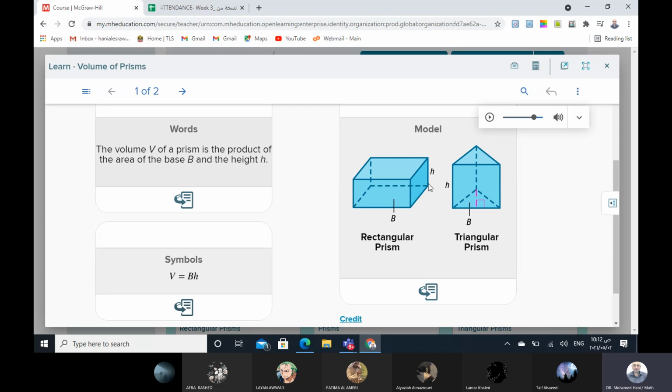We have width and length. Width times length gives the area of the base, the symbol of the area of the base is B. Multiply by the third dimension, the height, and we get the volume. So we can use the formula V, the volume, equals B, the area of the base, multiplied by the height.